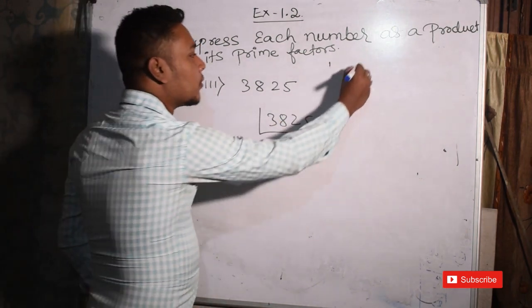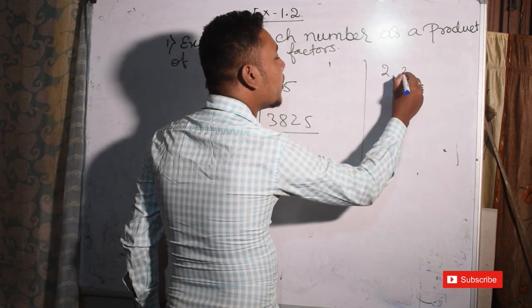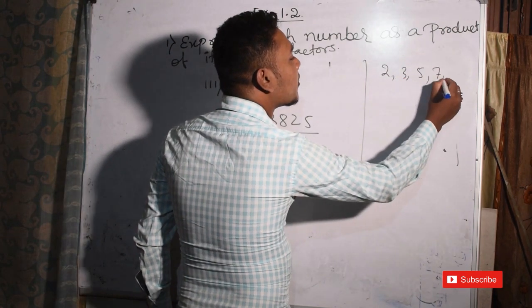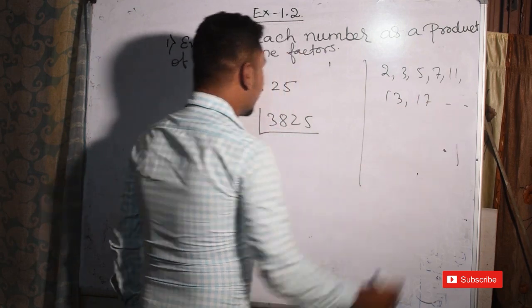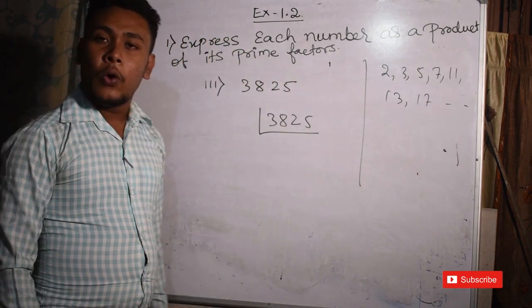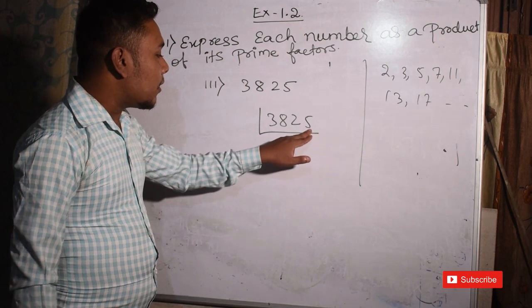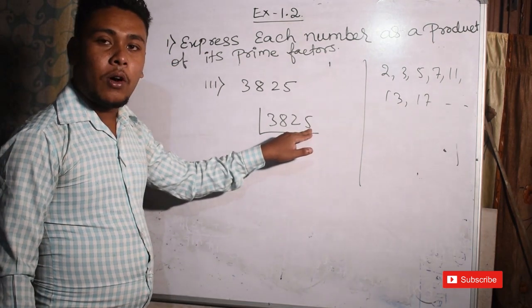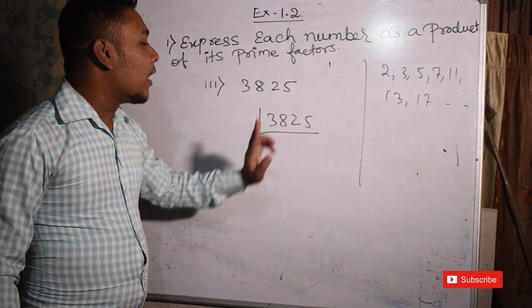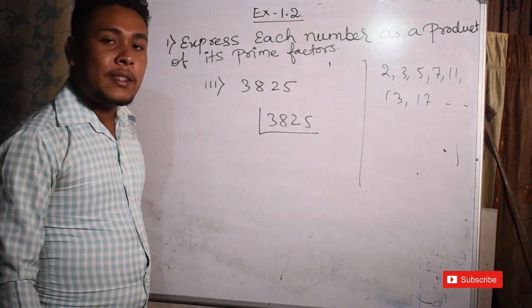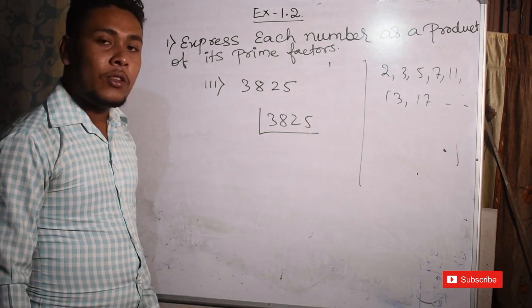No. The prime numbers are 2, 3, 5, 7, 11, 13, 17, and so on. Is it divisible by 2? No, because it has 5 in its unit place, therefore it is an odd number. So let us check whether it is divisible by 3 or not.